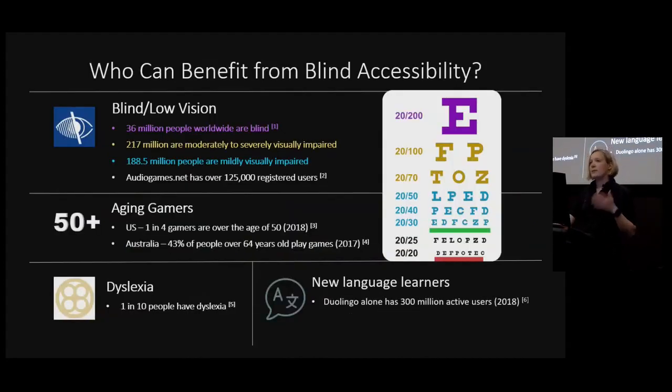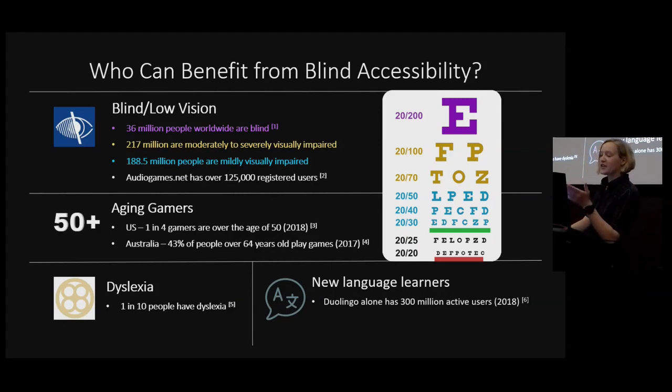So when we talk about people who can benefit from accessibility, of course, there are people who have low vision or who are blind. And I did a little color coding here to make more sense. I apologize, the font is a little small on some of these slides because I was cramming too much information on them.